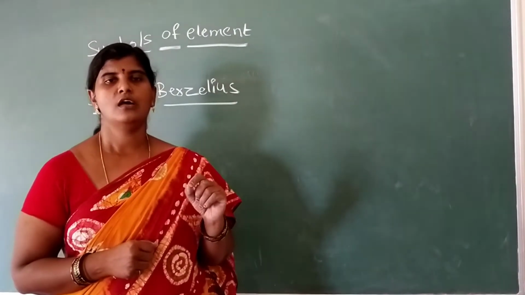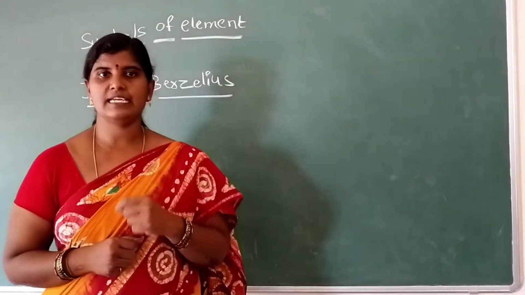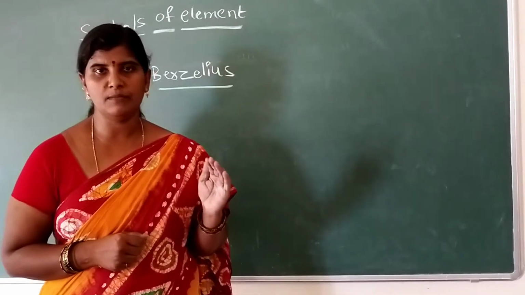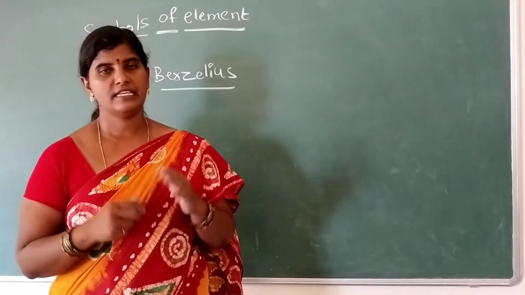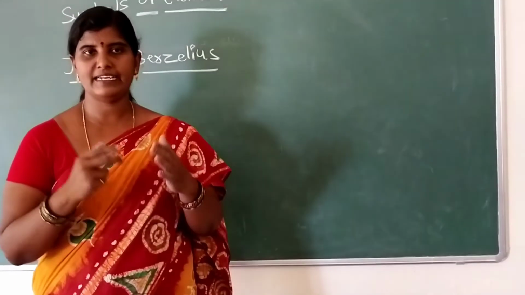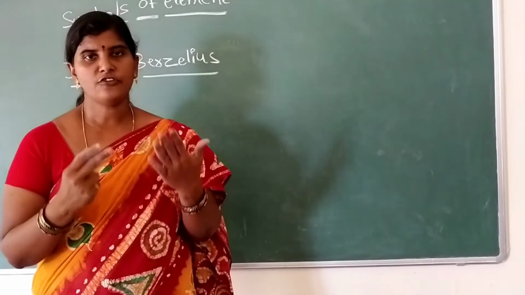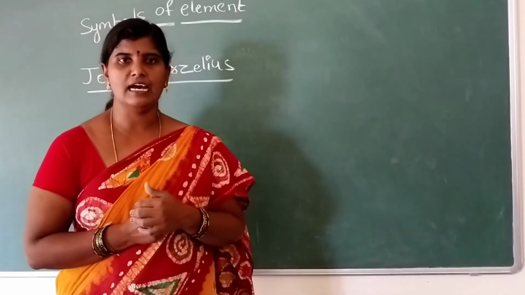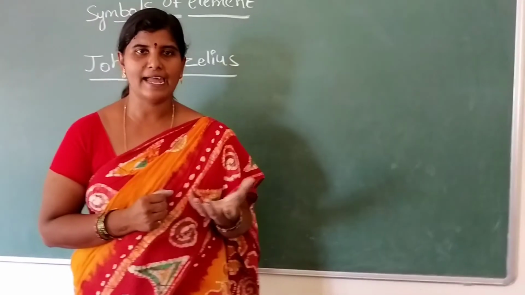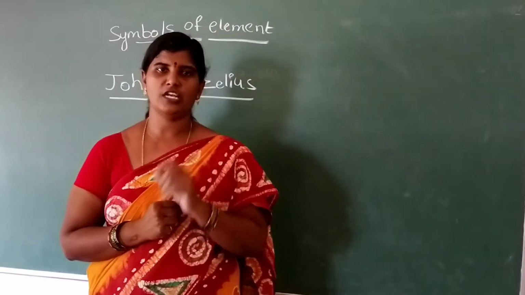Let us see how many elements are present now in the periodic table. 118 elements are present. It is very difficult to identify them and very tough to write them when we are writing a chemical reaction. To avoid this, we can write the element's initial letter.